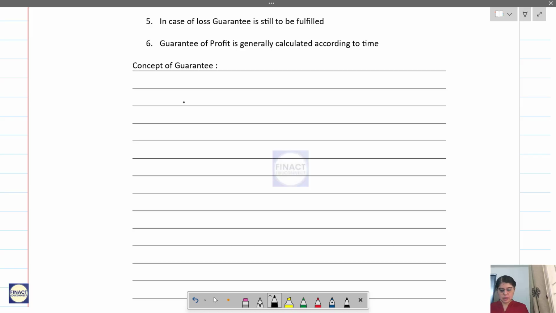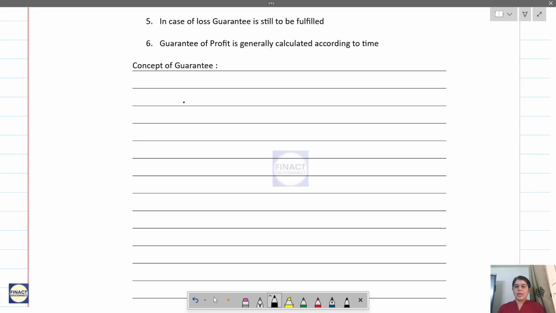Won't that make the company's business go worse and worse? Yes, that risk is there. Negative risk is there. Now listen here. Practically, nobody will give you a guarantee unless there is some benefit to the firm.